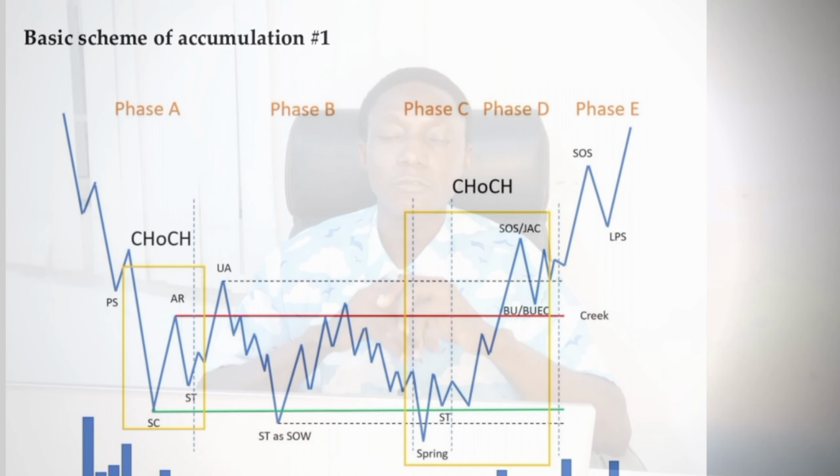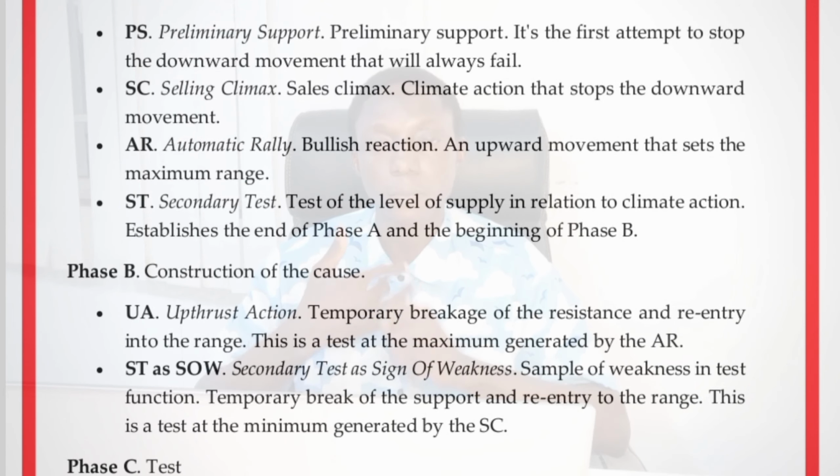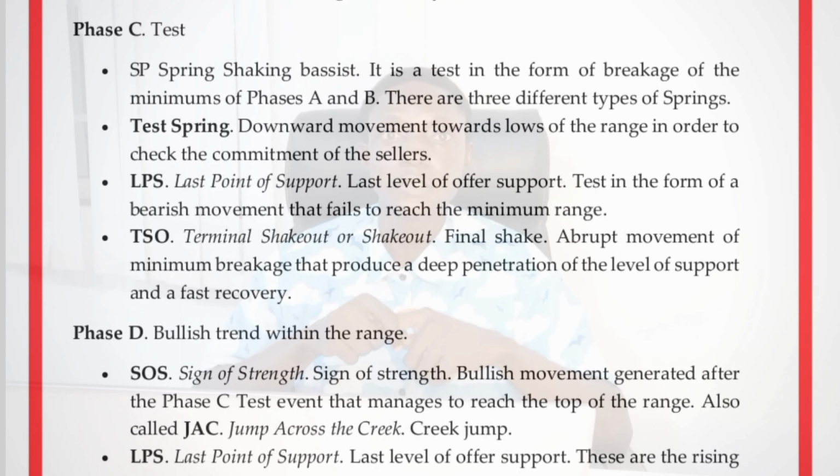For accumulation, these factors are: PS, preliminary support; SC, selling climax; AR, automatic rally; ST, secondary test; UA, upthrust action; then secondary test as sign of weakness; liquidity; spring; and then sign of strength to back up.